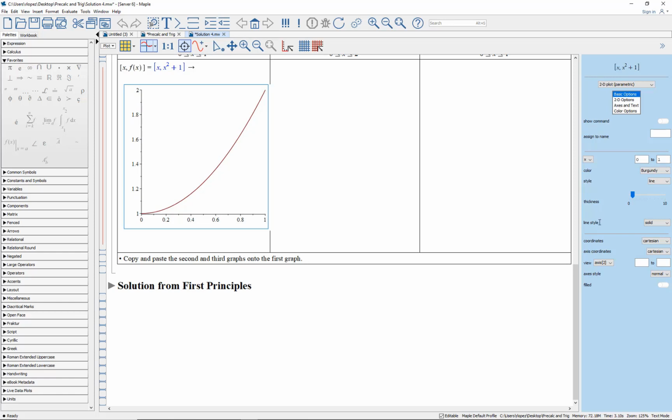Okay, and let's adjust the view so that it goes from 0 to 2. Guess we've got to put a 2 in there. Okay, so this is a piece of the curve f of x.